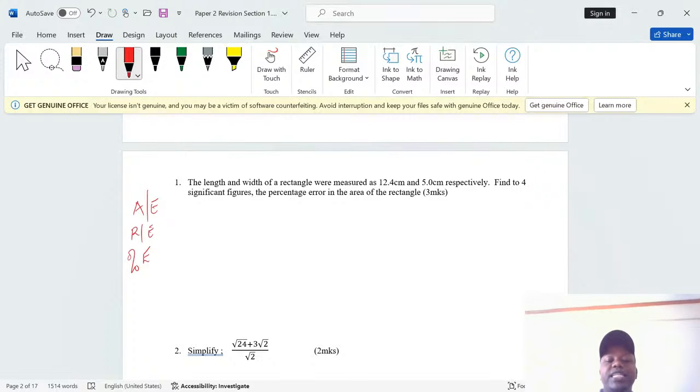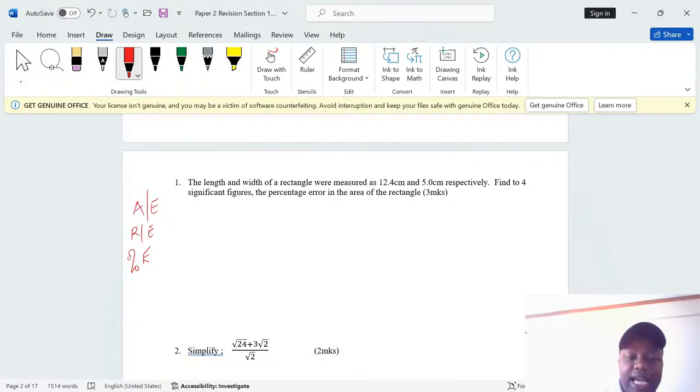Then there is the relative error in the calculation of the area. That difference should be understood. And there is also a different relative error in the computation of the dimensions provided.